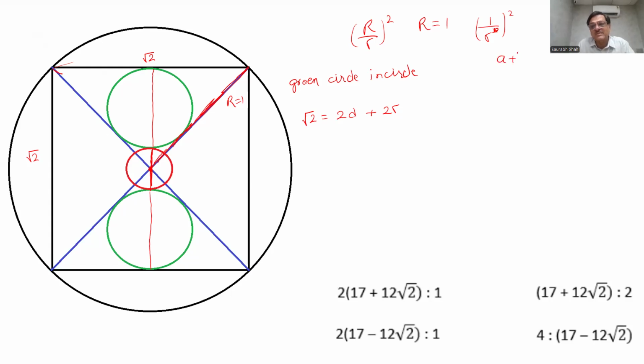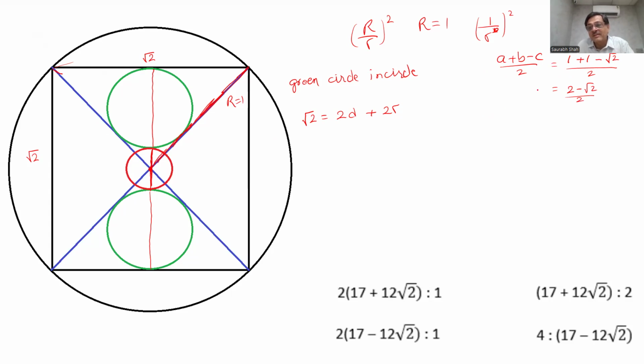We know it is (a plus b minus c) by 2. We have taken the sides of the right angle triangle as 1 and 1, and the hypotenuse, which is the side of the square, as root 2. So (1 plus 1 minus root 2) by 2. That gives us (2 minus root 2) by 2.